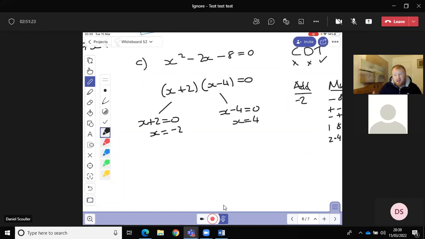Okay, now in these types of questions, often the case that one of these roots works and one of them doesn't. So it wants you to establish if one doesn't work.